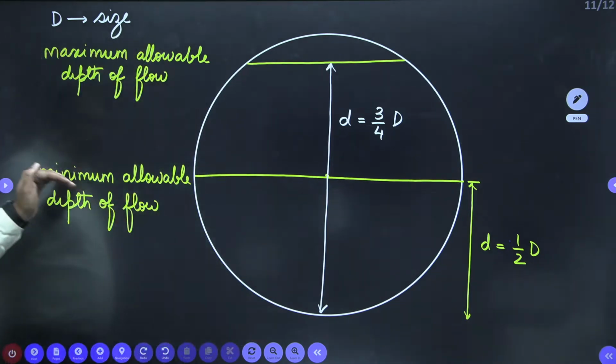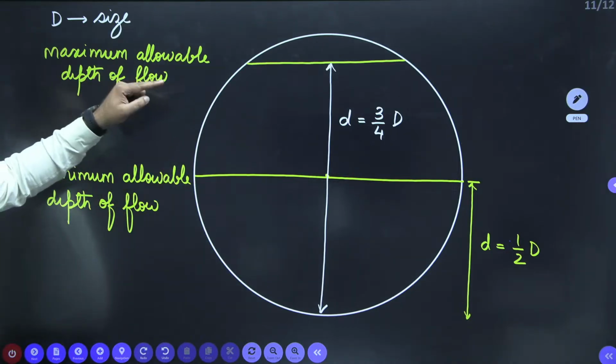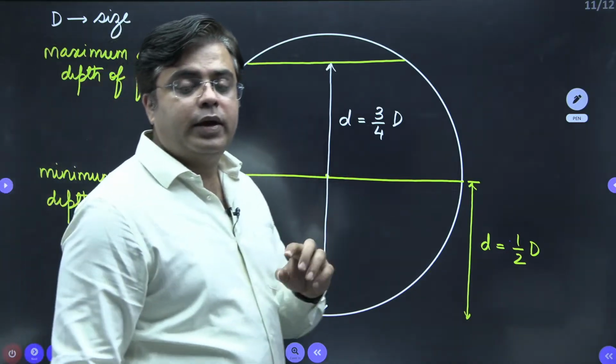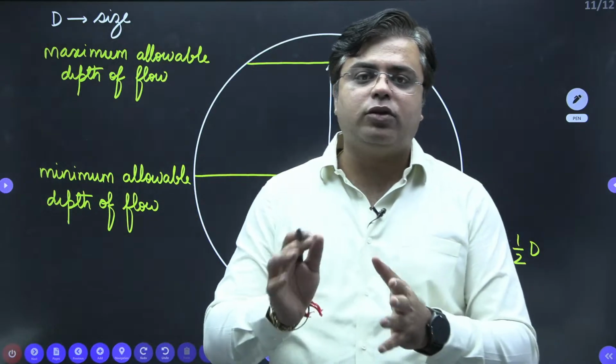So this is your minimum allowable depth of flow and this is the maximum allowable depth of flow. Depth of flow will change with respect to the size of the sewer.